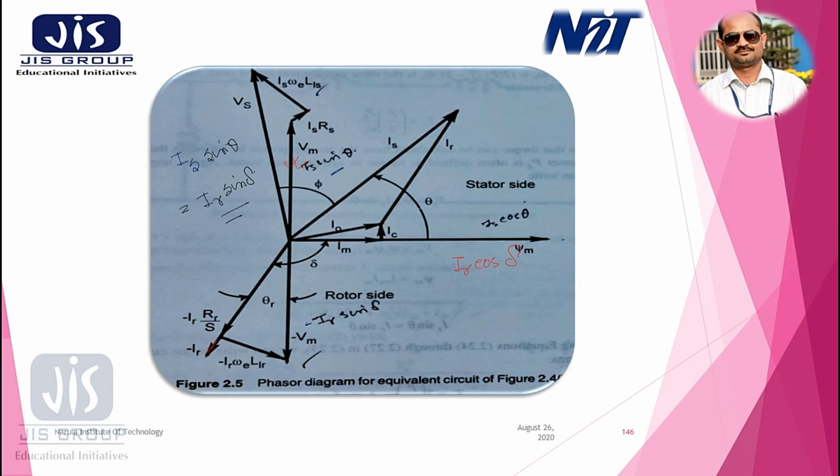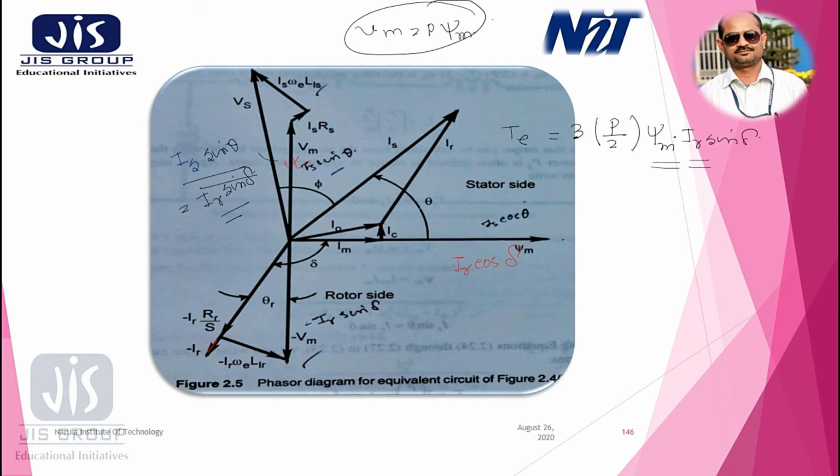So what we got as our torque equation, T equals, we have just deduced, 3 into P by 2 into psi m. Instead of Vm, we can write psi m, since we have proved that Vm is some constant into psi m. So instead of Vm, we put psi m, into IR sin delta instead of Is sin theta. These are the RMS values.